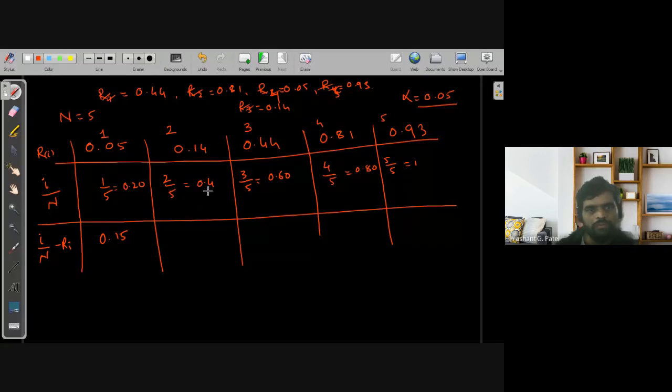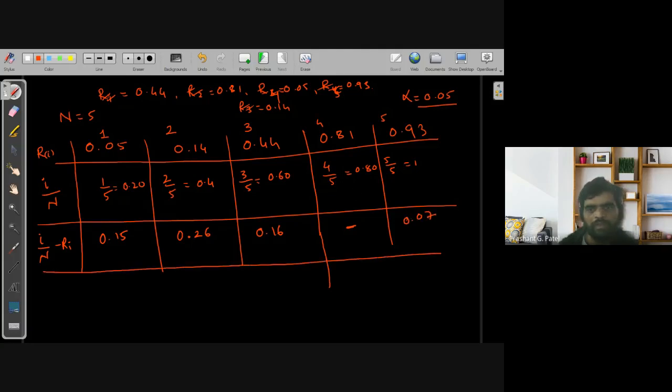Then 0.4 minus 0.14 is 0.26. 0.60 minus 0.44 is 0.16. And 0.80 minus 0.81 is a negative value, so we will not consider that. 1 minus 0.93 is 0.07.